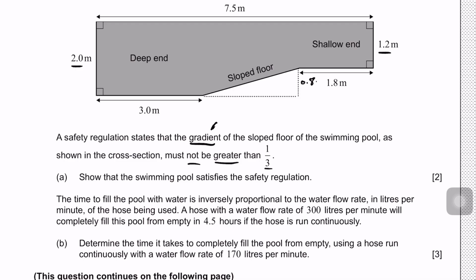So we go down by 0.8 meters over what kind of distance here? If this whole pool is 7.5 meters long, and this is 3, and this is 1.8, what is this missing piece right here, which completes the total length of the pool? 3 plus 1.8 is 4.8. 4.8 plus 2.7 would give us that 7.5 that we're looking for.